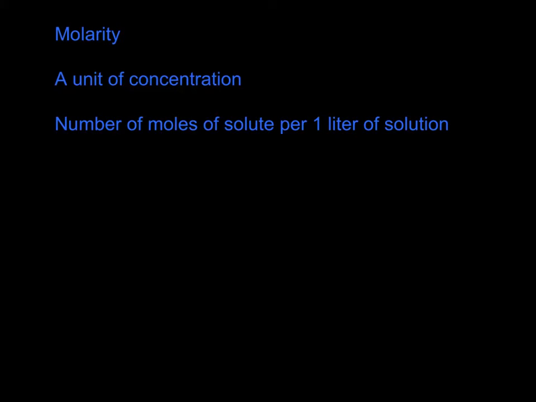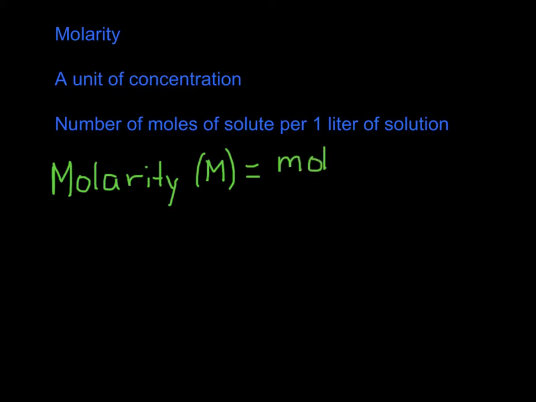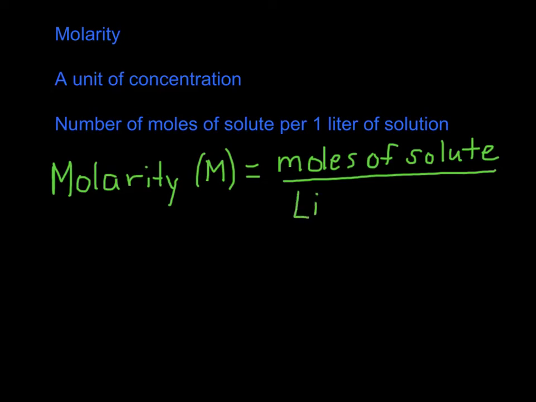If we write that out to put it into more of an equation format, we would have molarity, and the symbol for molarity is a capital M, is equal to moles of solute per, and per always means divide, liters of solution.